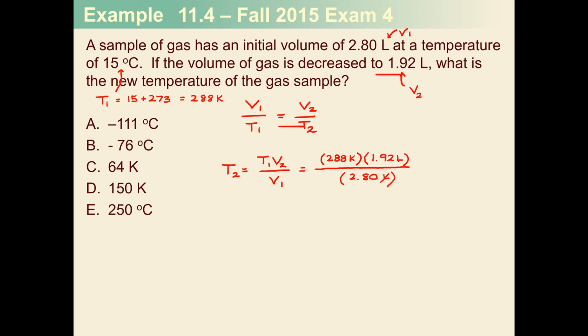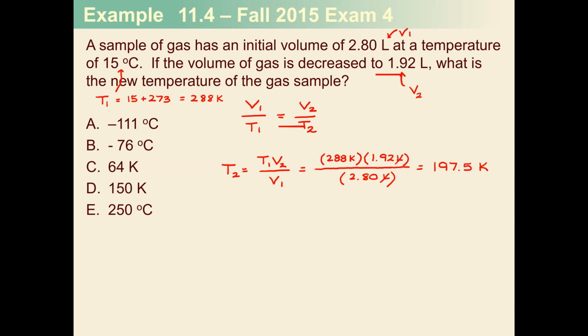So our liters and liters cancel, and you will notice that in this case, the larger number is in the denominator, which means that we're going to result with a smaller answer, and you should end up getting a value of 197.5 Kelvin.